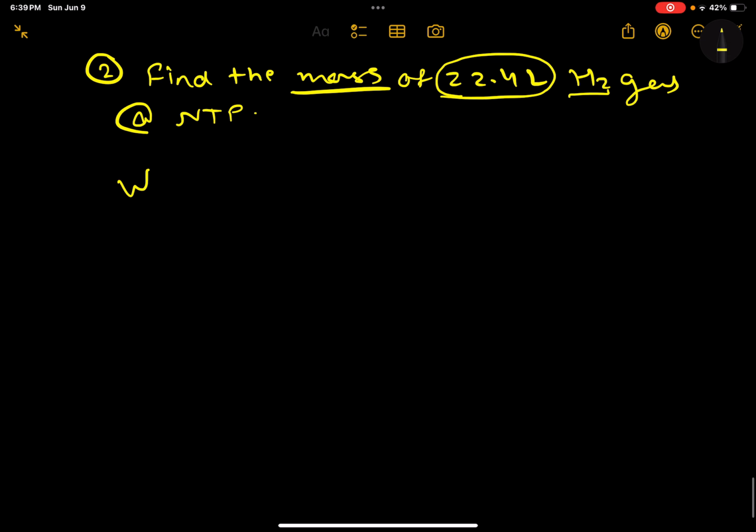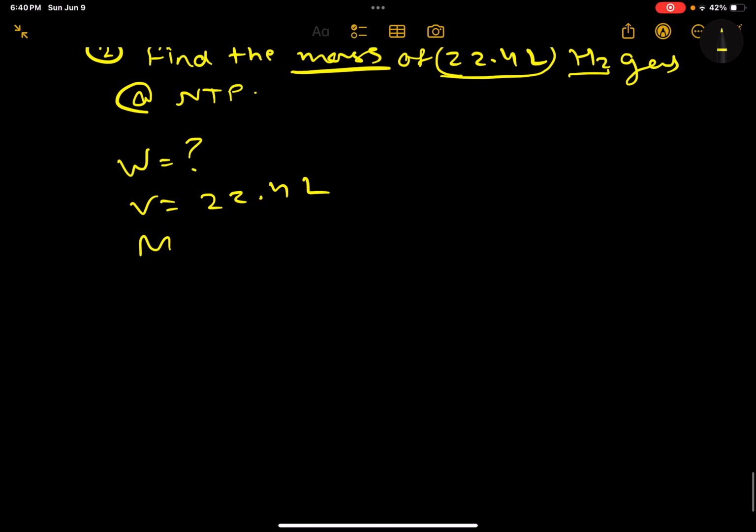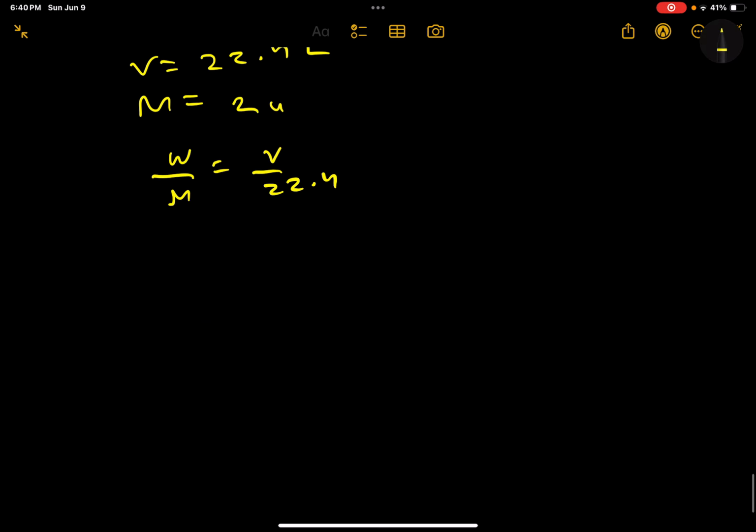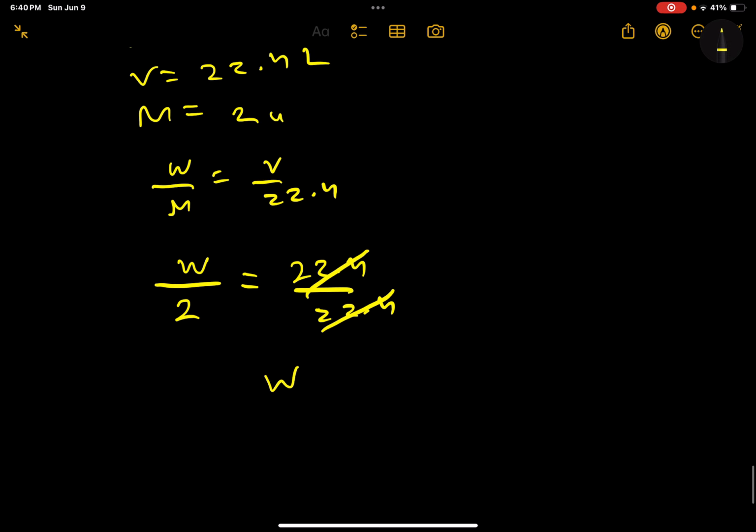We have the volume as 22.4 liter, and the molecular mass of H2 is 2 u. So W upon M is equal to V upon 22.4, so W upon 2 is equal to 22.4 upon 22.4. This gets cancelled out, so W is equal to 2 gram.